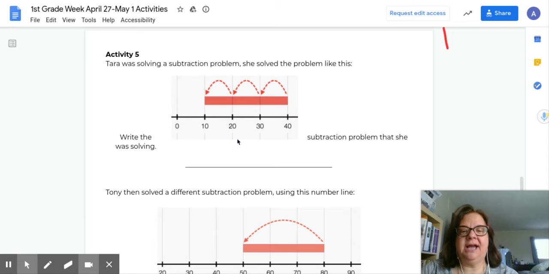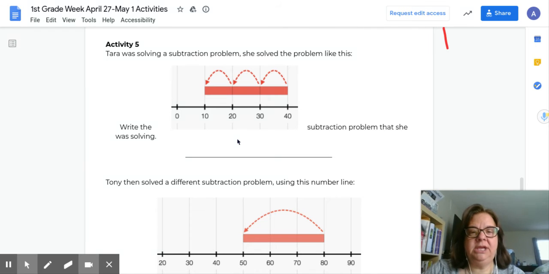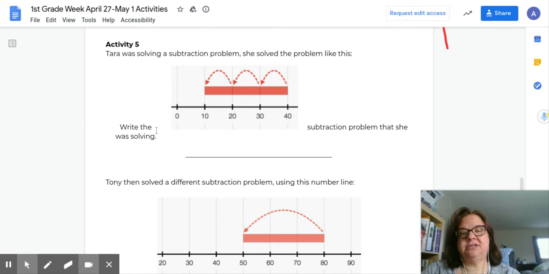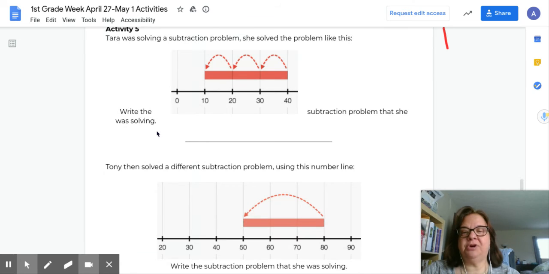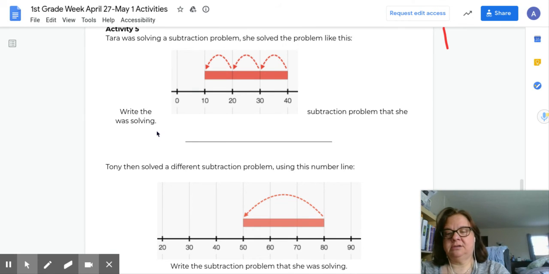So for activity 5, we are adding and subtracting double digits. We had just started this when we had to do at-home learning. So we were just starting to do this. So the subtraction problem that she was solving, you have to look at where she started.